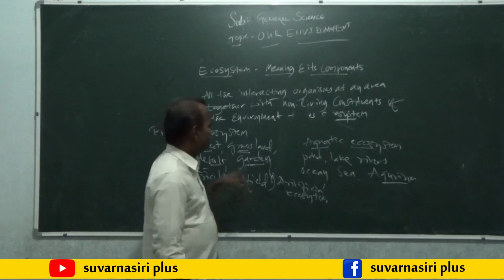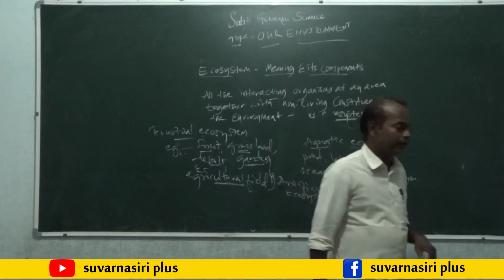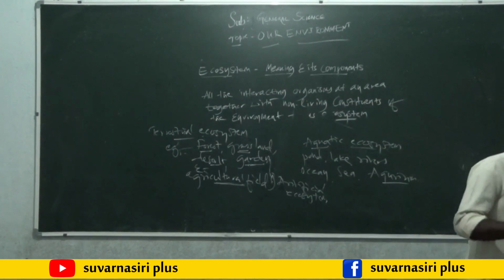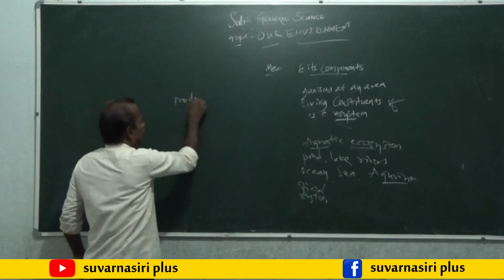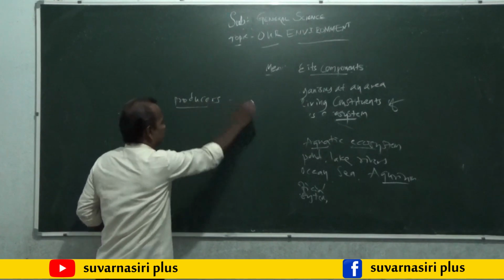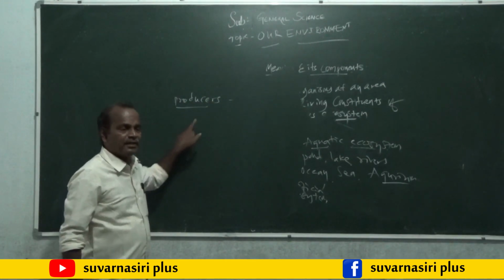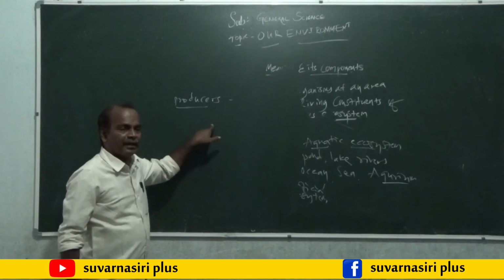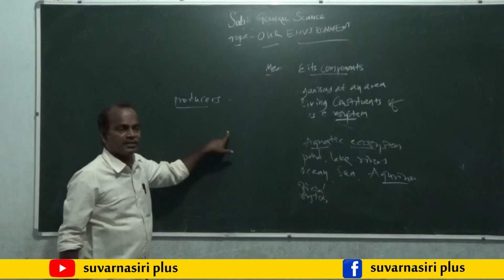The next part of our environment is about the concepts of producers, consumers, and decomposers. What are producers? Producers are the organisms which can prepare their own food by a process called photosynthesis.